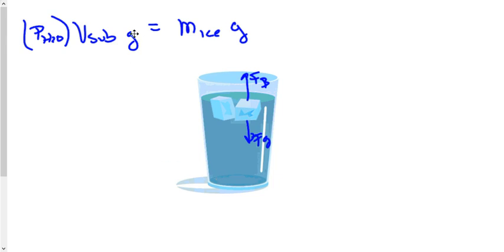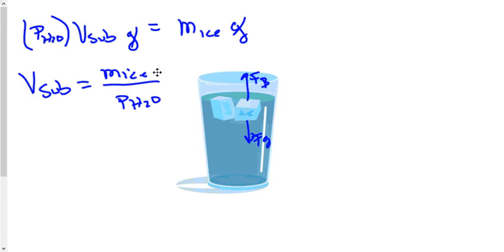So I'm going to cross off the g's here. If I want to know what volume of the ice is submerged, because only the submerged part displaces water, that's going to equal the mass of the ice divided by the density of water. So again, we've set the buoyancy force equal to the force of gravity.